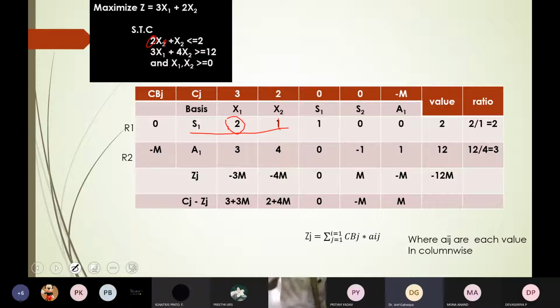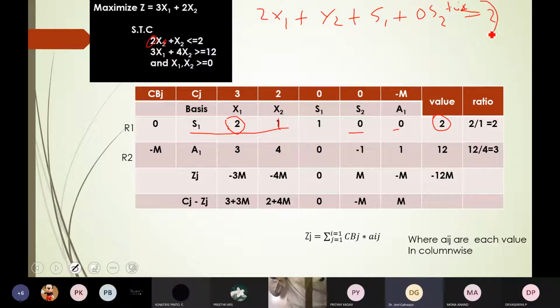For s1, as we have introduced: 2x1 plus x2 plus s1 plus 0s2 is equal to 2. That's what we had: 2, 1, 1, 0, 0, plus 0a1. And the value is 2. This is the value here.